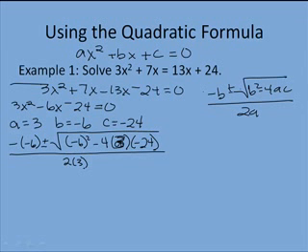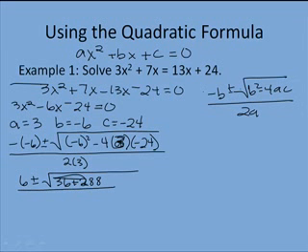So a negative 6, that's positive 6, plus or minus the square root of 36 minus 4 times 3 times negative 24. We get plus 288. That's 36 plus 288 over 6.